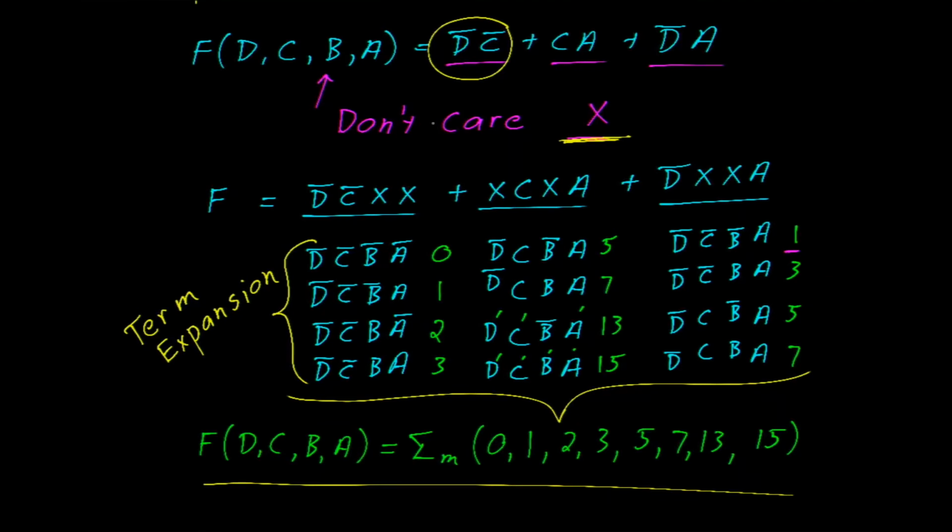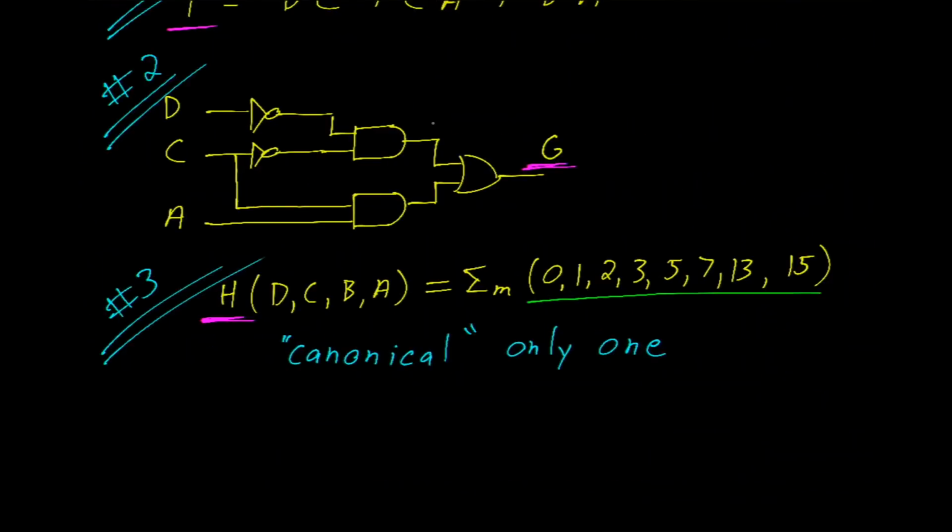Now that that's done, let's go back and look at this gate level circuit. We've done this several times in the past. We've taken a gate level representation and converted it into a truth table. For this circuit, the first intermediate wire is D0 C0, and the second intermediate wire is CA.